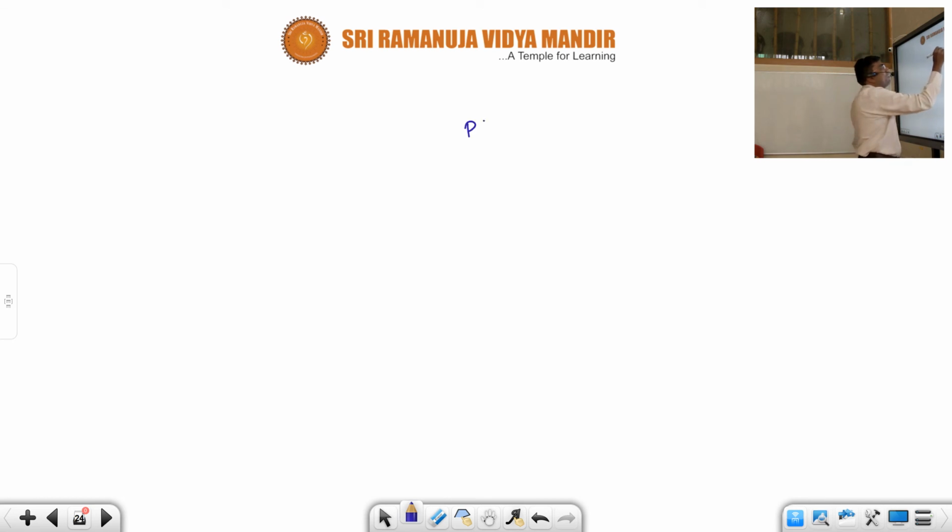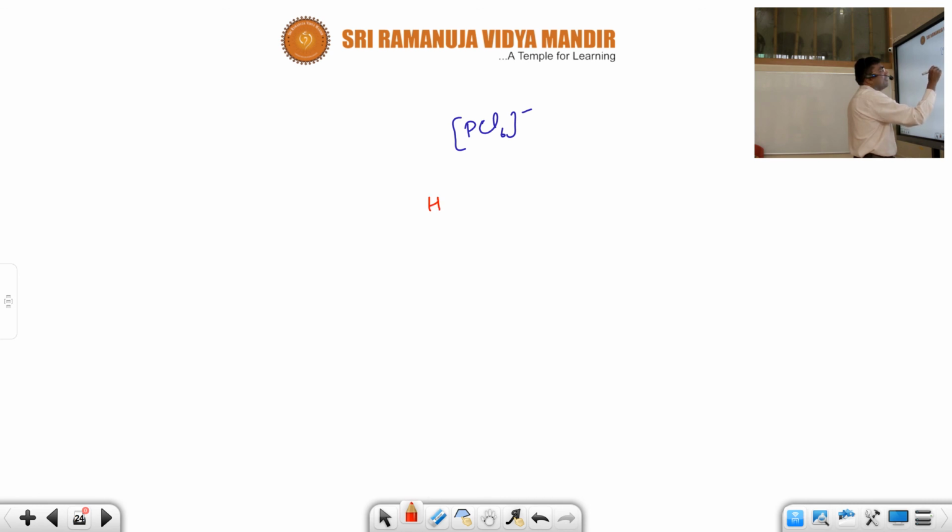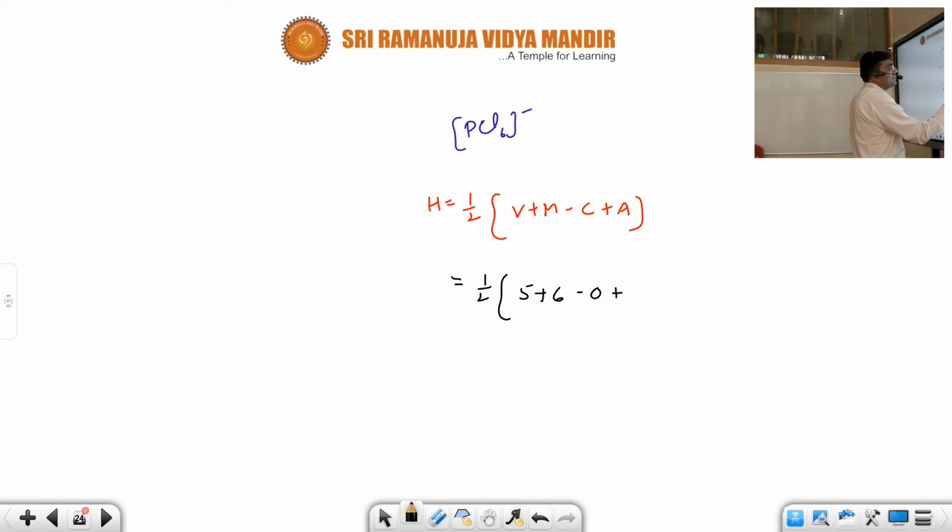For example, he may give PCl6 minus. So how to solve? H is equal to half into V plus M minus C plus A. Now solve this question. Hybridization is equal to valency is 5, monovalent atoms is 6, minus 0 plus 1.